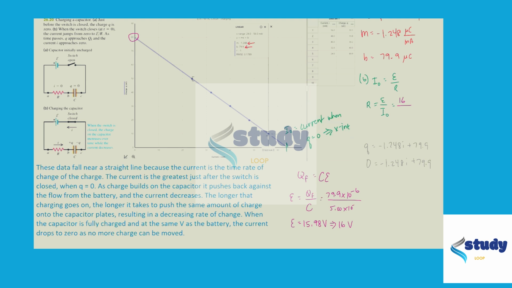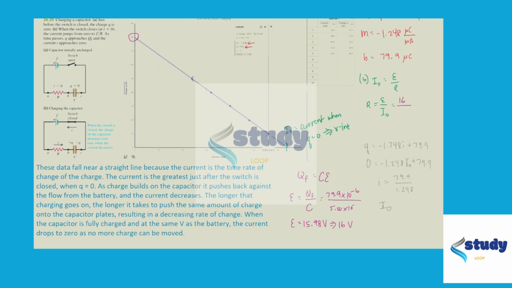So I'll plug in 0 for charge, and then rearranging, I'm going to get that current I is 79.9 divided by 1.248. And this is again going to be my I naught. I really could change it here to be I naught.